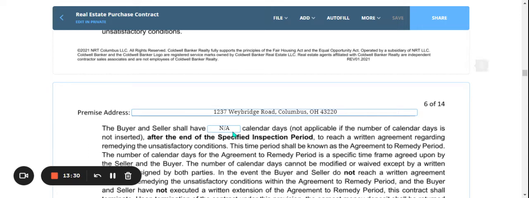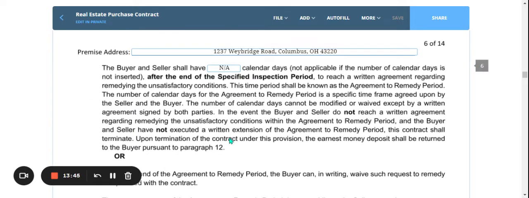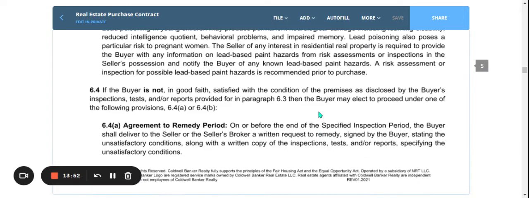Right here, it will have a number, which would typically be 2 days. After inspections are done, you would tell me what you want the seller to fix, and they would have 2 days to respond with what they're going to do.